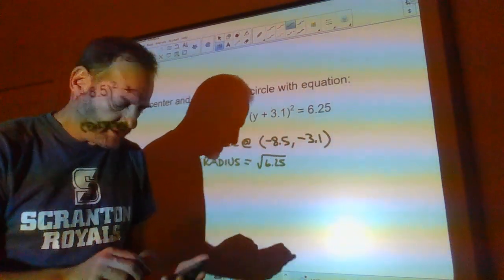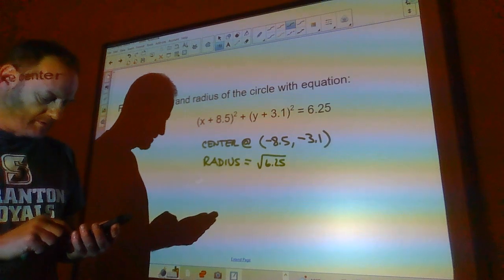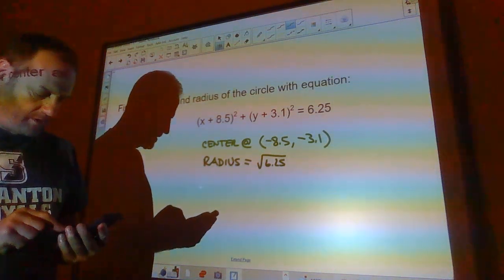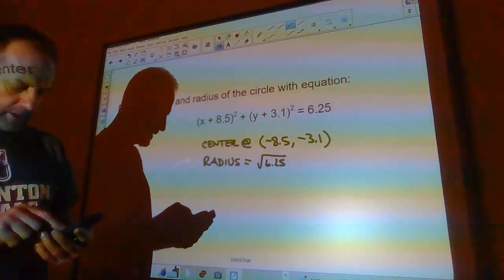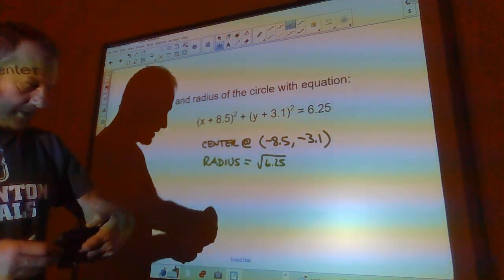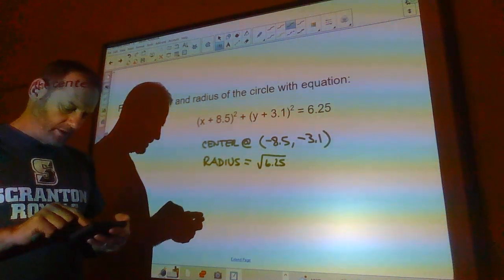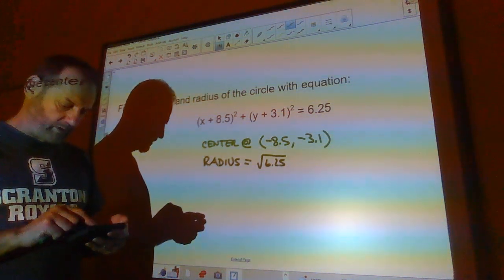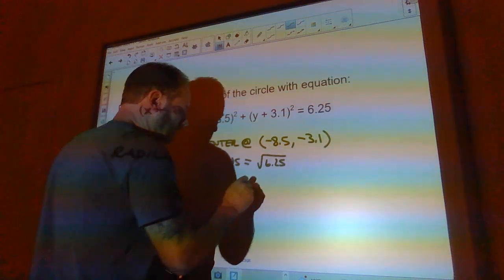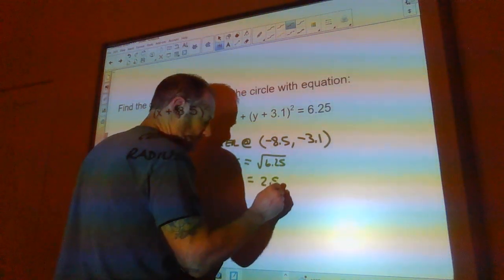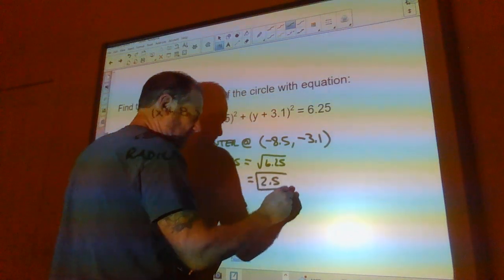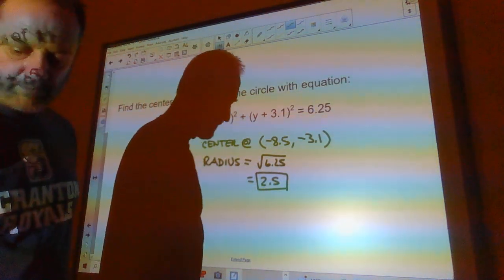Wait. Bear with me a second. I'm having a brain cramp. So let's see here. Calculator, 6.25 square root of 2.5. That was close. Okay, there's my radius. So, piece of cake.